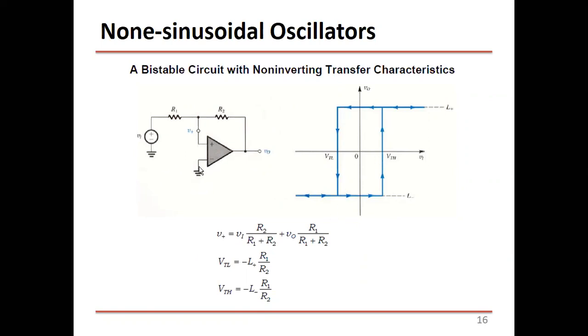If you put 2 volts here, you will shift it by 2 instead of having 0. Why did we substitute V plus with 0 here? Because the transition happens exactly at the moment when V plus crosses this voltage. So if this voltage is 0, once V plus crosses 0, the output will switch, in this direction or in this direction.